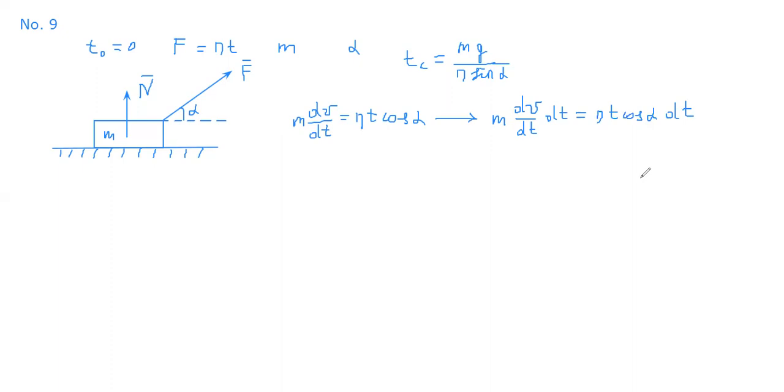Okay, so we can simplify the left side, and we have m dv. m dv is equal to eta t cos alpha dt.